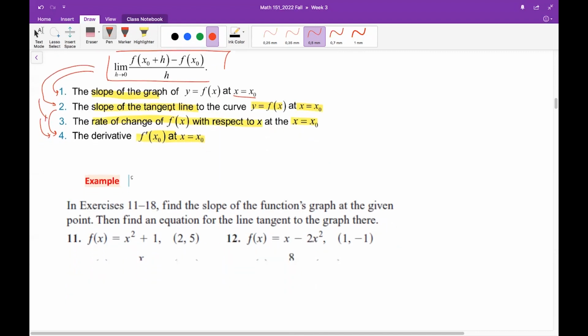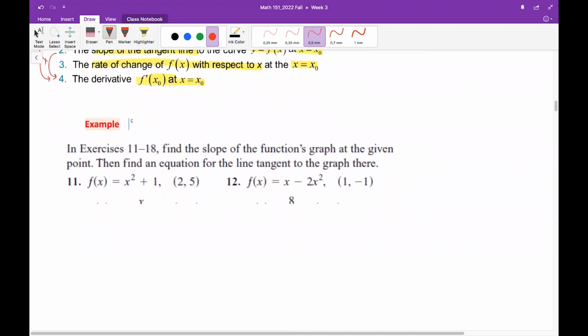So let me show you just one example, then I will stop for this video. What does it say? Find the slope of the functions at the given point, then find the equation of the tangent line to the graph there. So we can do this for the 11th one, for example. We want to find the slope, denoted by m.